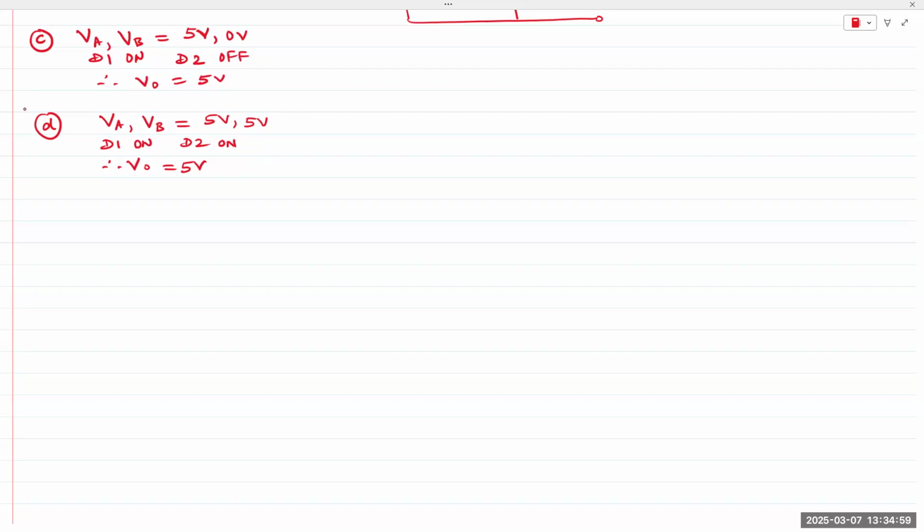For the last case, that would be it. VA and VB are both connected to 5 volts.